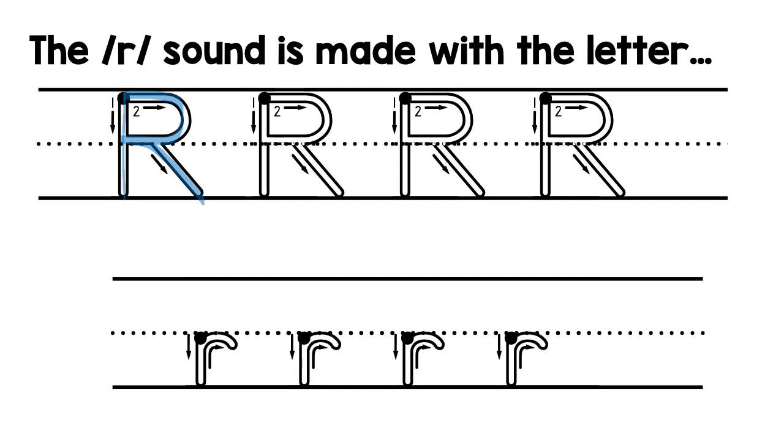That is how we correctly form capital R. Lowercase r starts at the middle line. It pulls down, it bounces up, makes a small curve, and stops. Push pause until you have completed correctly forming the letter R on your worksheet.